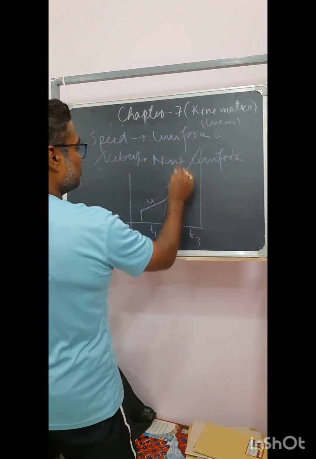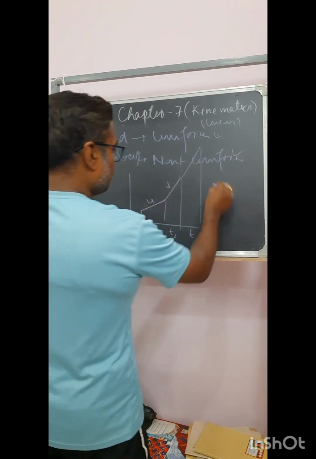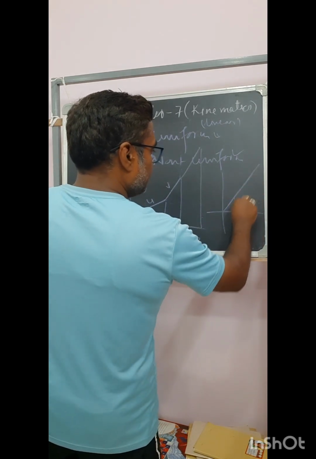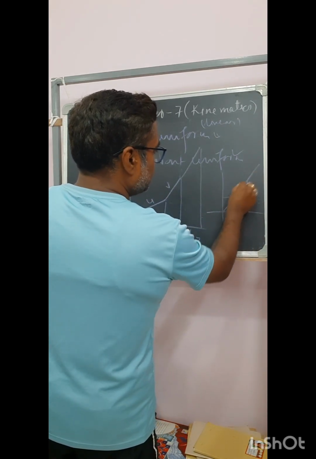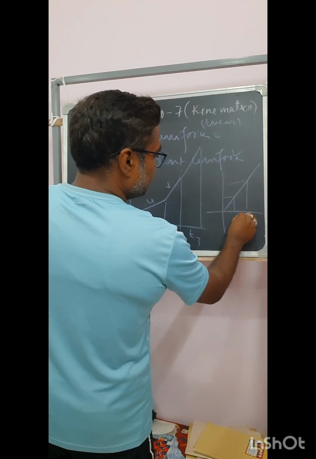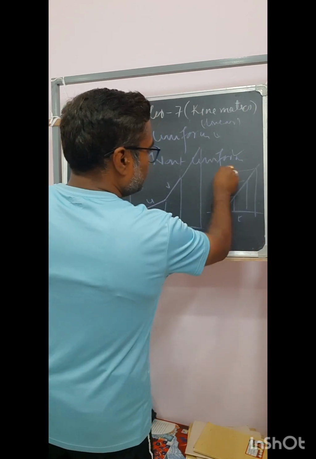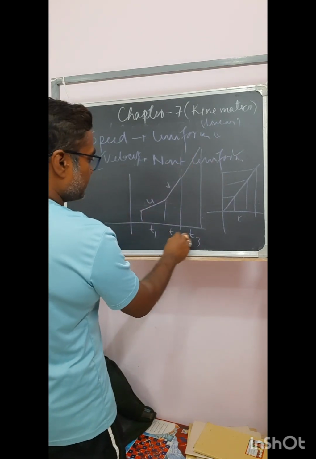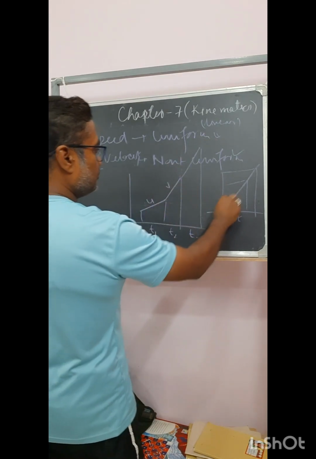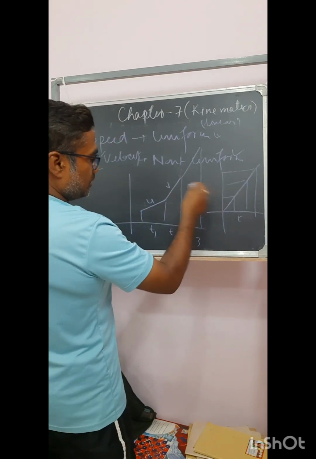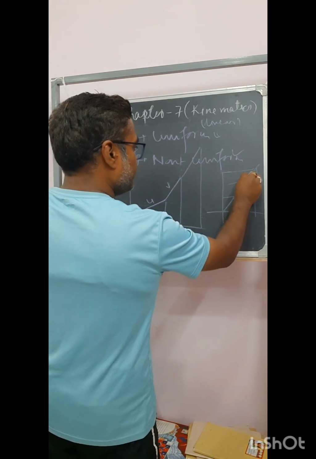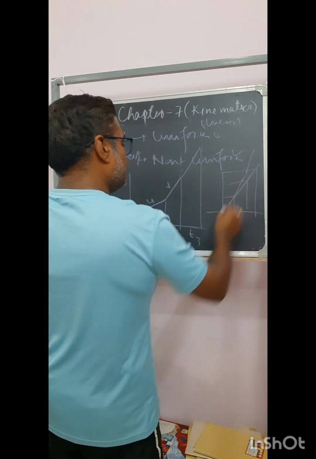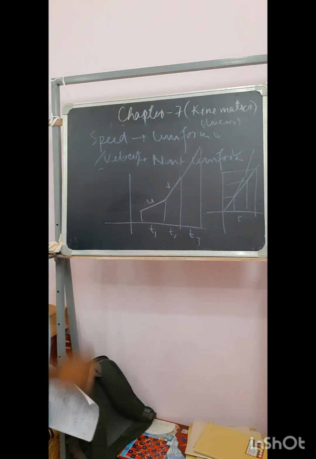So it is not a straight line. For any uniform velocity, it will always be a straight line, because if I take any span, the change in velocity will be the same. But in case of changing velocity, it will deviate from here, then further move there, so it will not be a straight line.